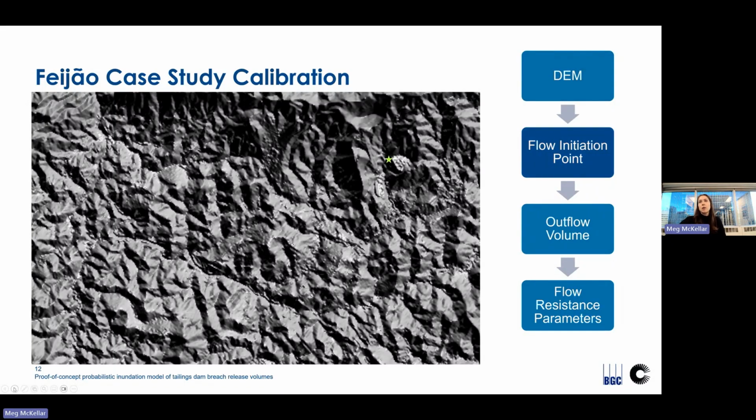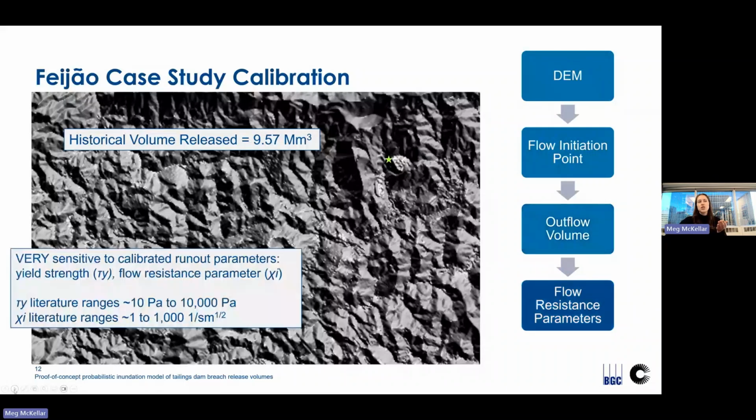We're next going to pick our point of flow initiation, known as this is a failure case, and as well the volume of outflow released. So in the case of Fujao, that was 9.6 million cubic meters of material. And so because we know the initiation, because we know the outflow, we're able to perform this calibration to understand what our flow resistance parameters can be.